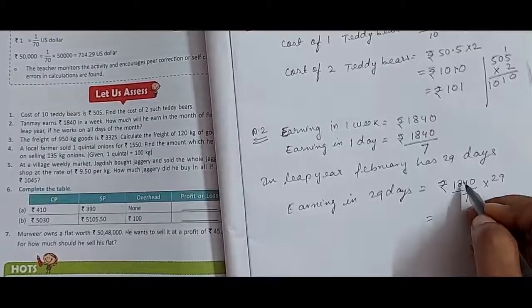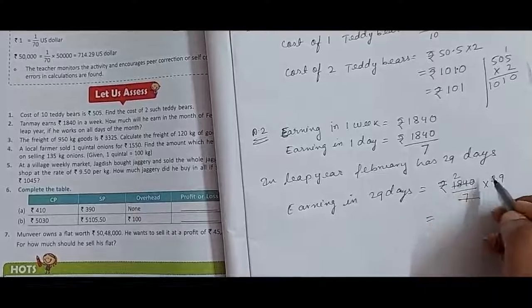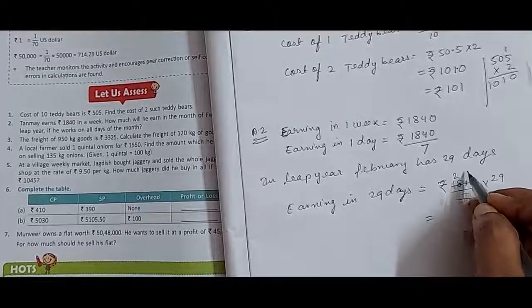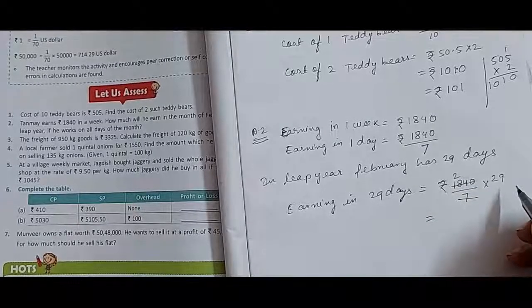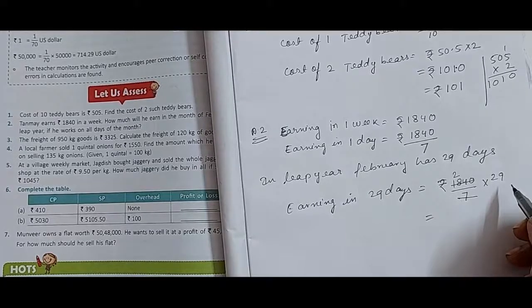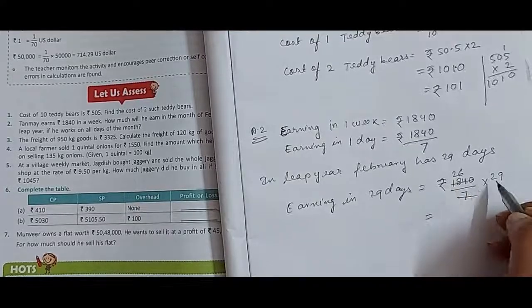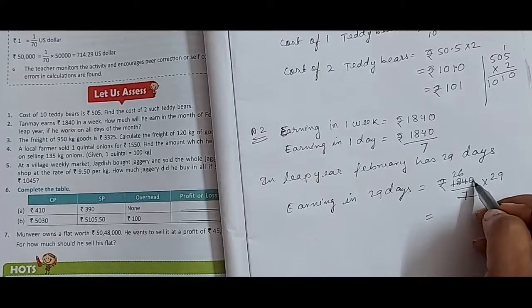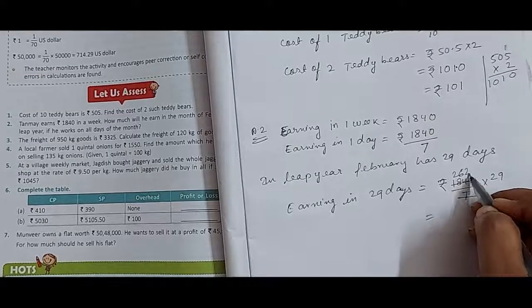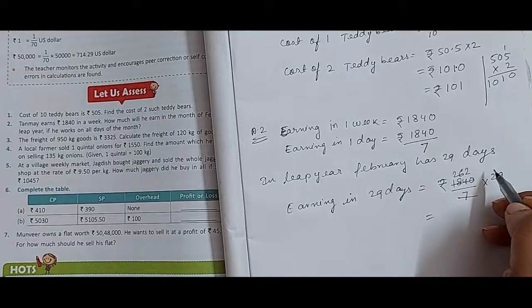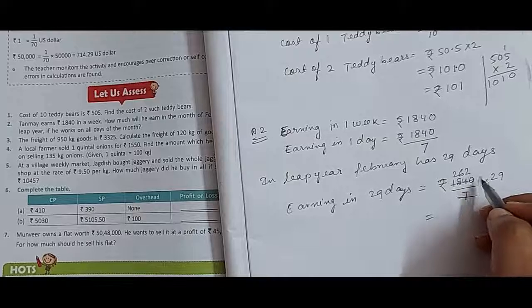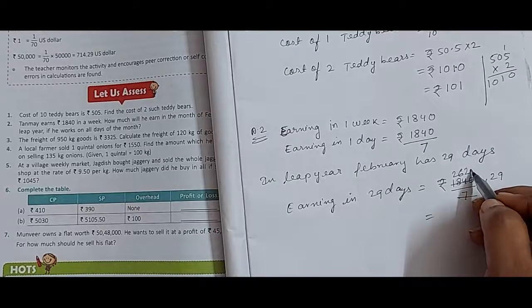So let us solve this. First we will divide this by 7. 7 2s are 14. 7 6s are 42. 20, again 7 2s are 14, and then 20 means 6 is remaining.